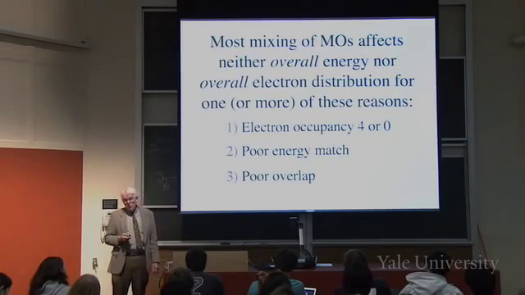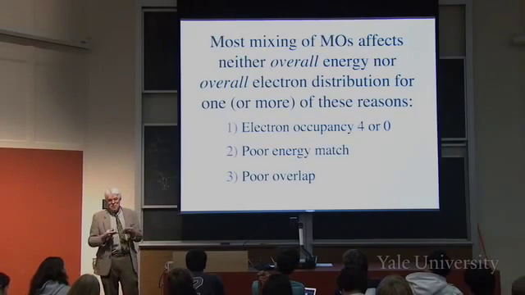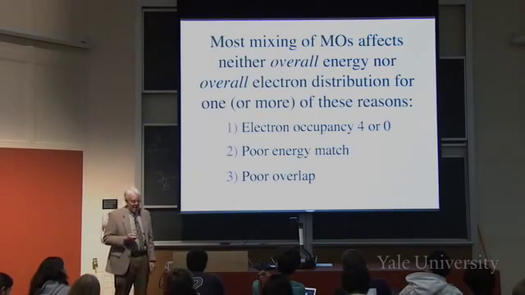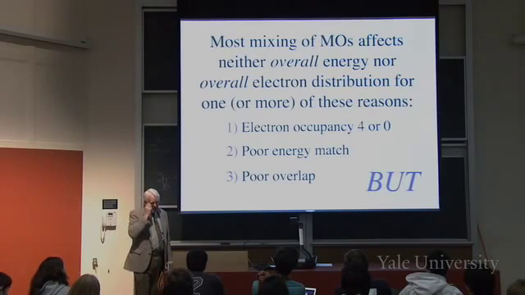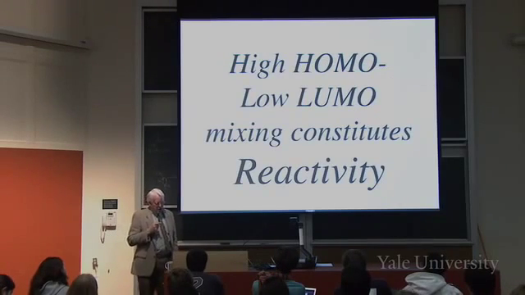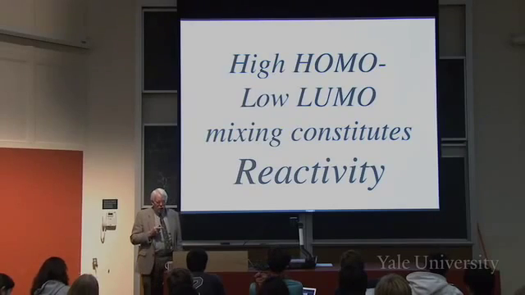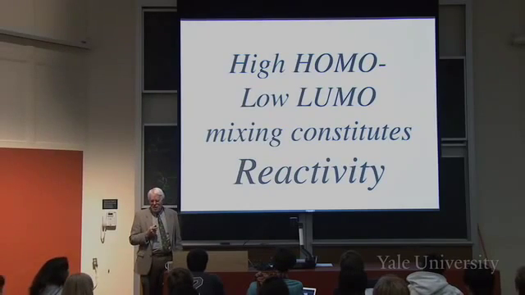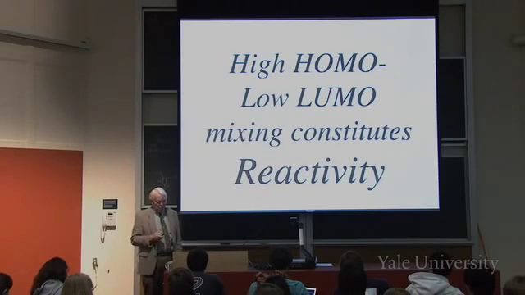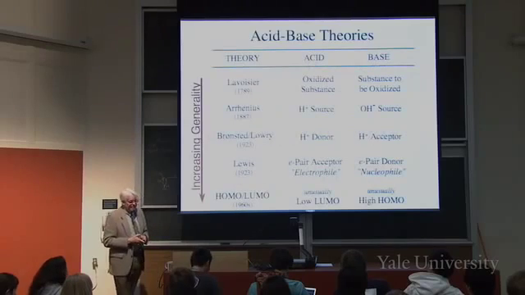Or there's poor overlap, so even if the energy match were good, you wouldn't get anything out of it. But if you have high HOMO and low LUMO mixing, then you get reactivity, unusually high HOMO and unusually low LUMO. And that's the secret we've been going for all semester.